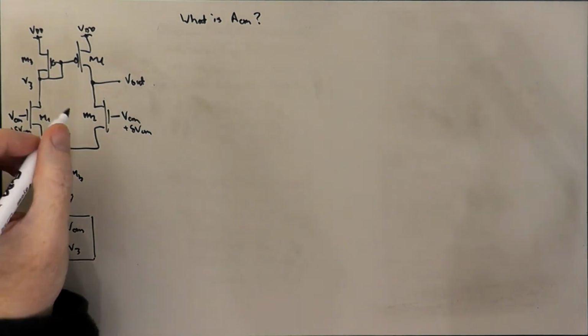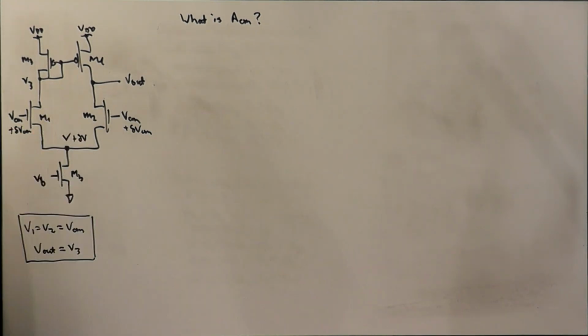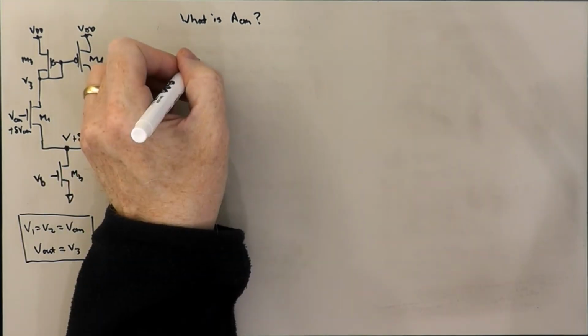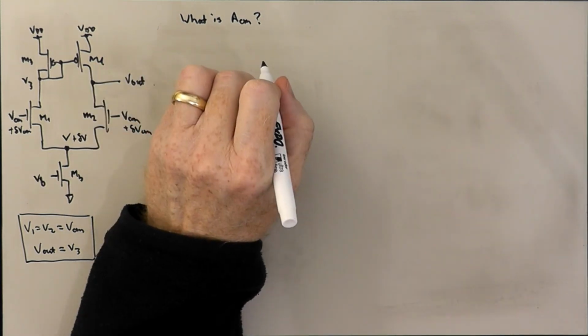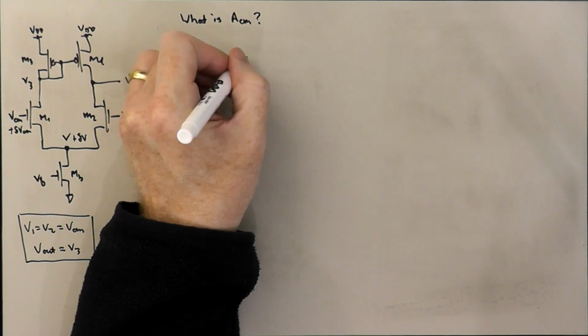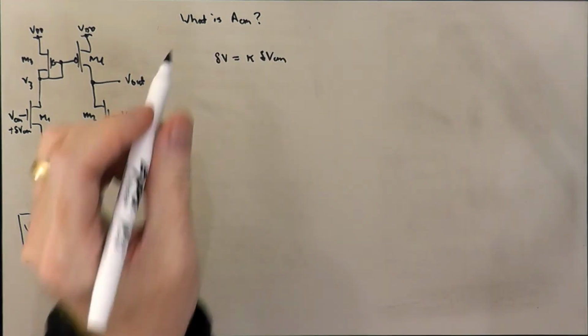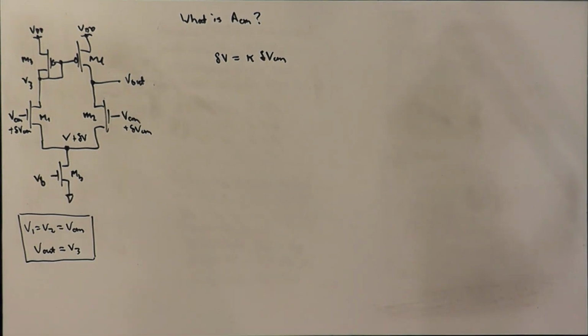And so we know something about what the common source node will do. The common source node is going to have to increase by some delta V, and we can actually write down how delta V relates to delta VCM. Delta V is going to be kappa times delta VCM, because it's like a source follower, and the incremental gain of the source follower is kappa.